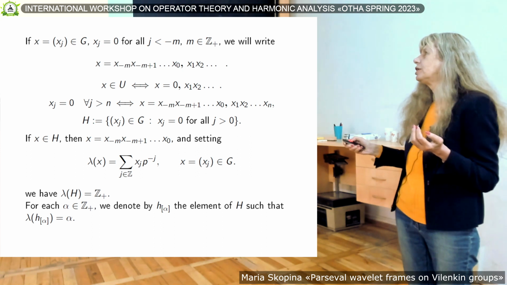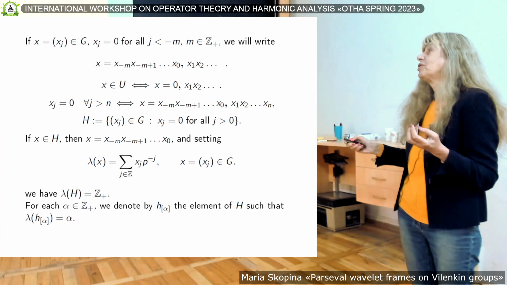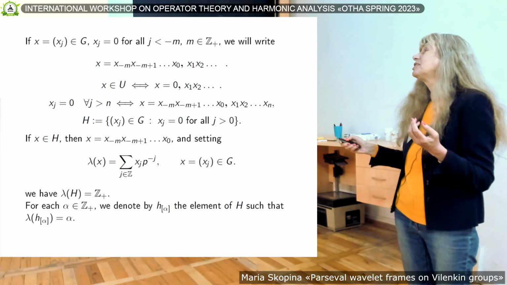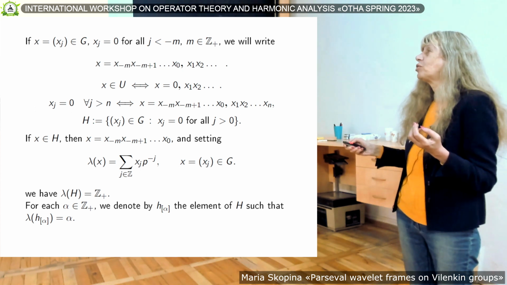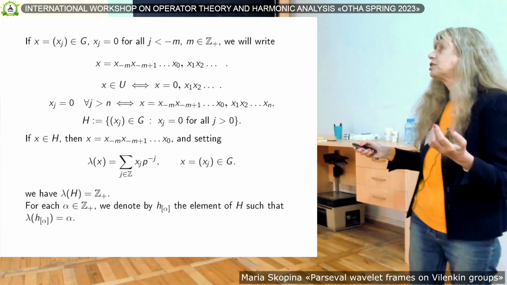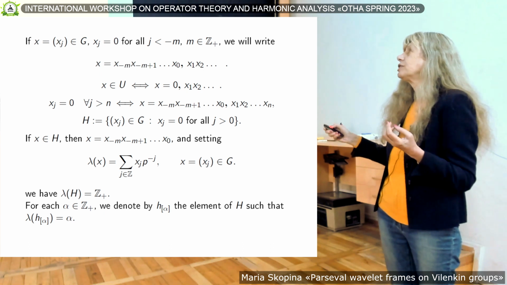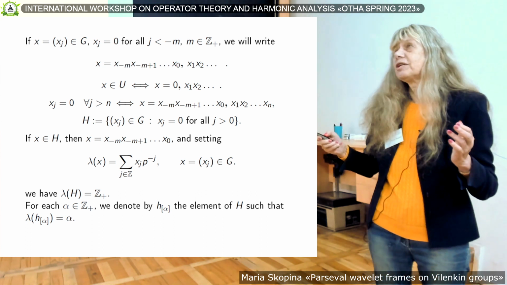And it is convenient to introduce such lambda of x. In the case of the group, this is one-to-one. This takes Z plus to H, a one-to-one correspondence. But of course, lambda is not one-to-one on the positive semi-line.